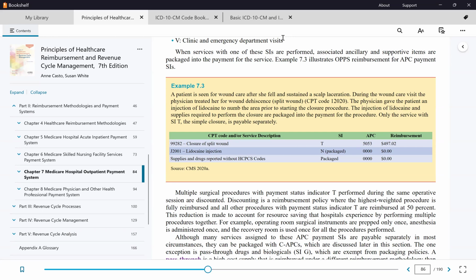So in other words, we can't carve those out and charge extra for the lidocaine. So you see the CPT code here. You see the lidocaine injection, right? So only the services with the status indicator of T, in other words, the closure, is payable separately.